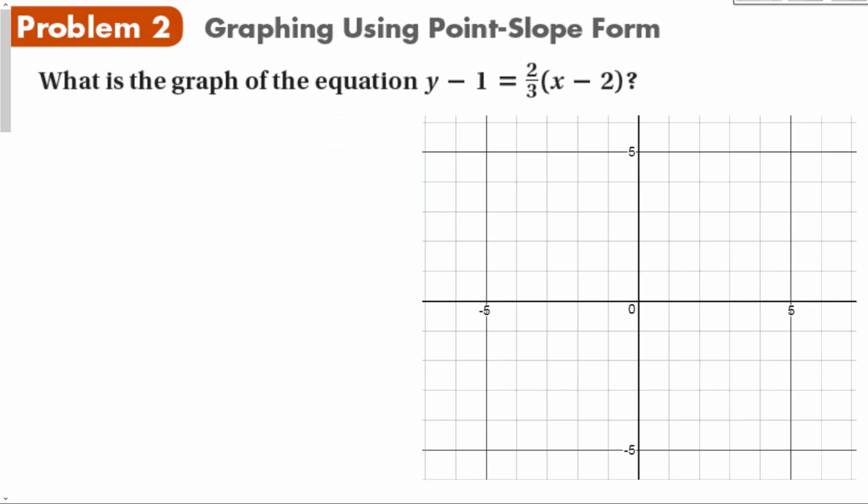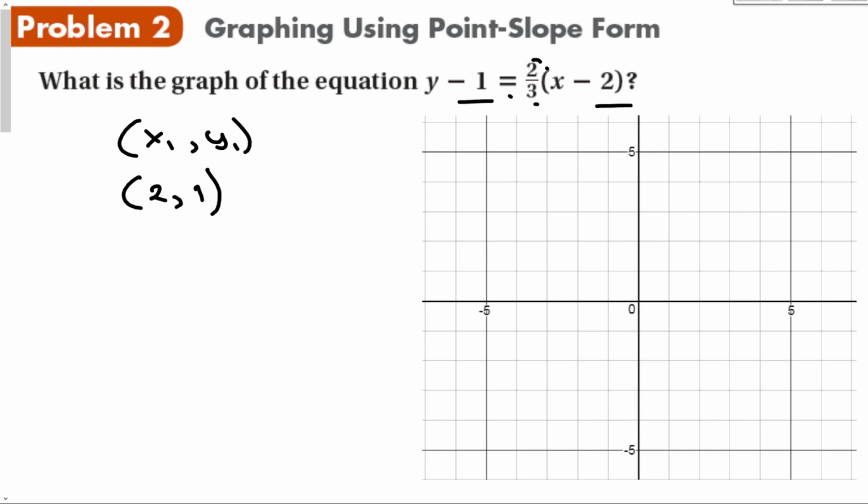So what is the graph of the equation y minus 1 equals 2/3 times x minus 2? Well, I have a point and I have the slope. My point, x1 comma y1, is going to be 2 comma 1, positive 2 comma 1, because I can see in my equation I have minuses.